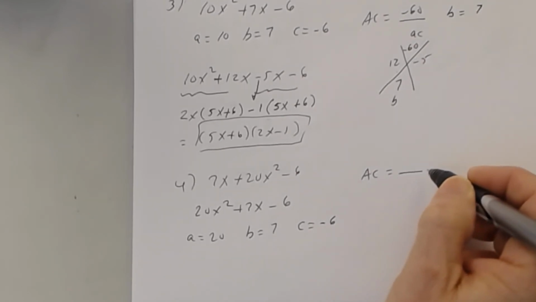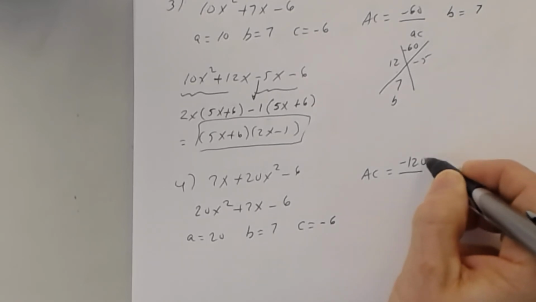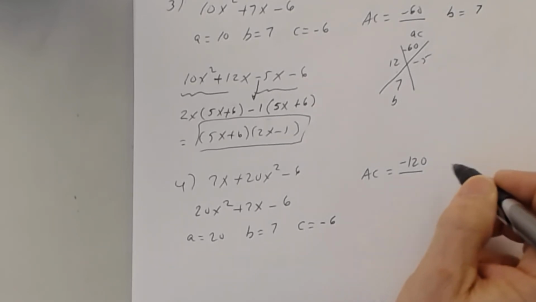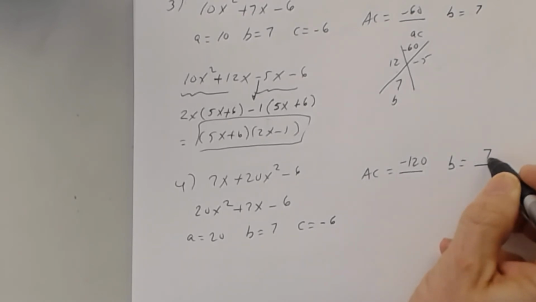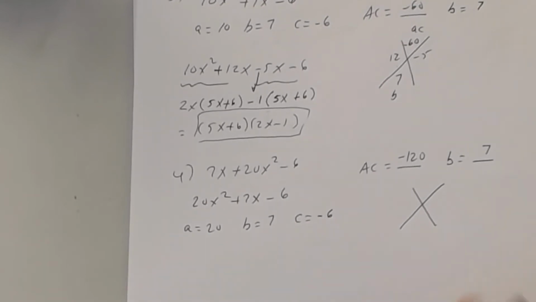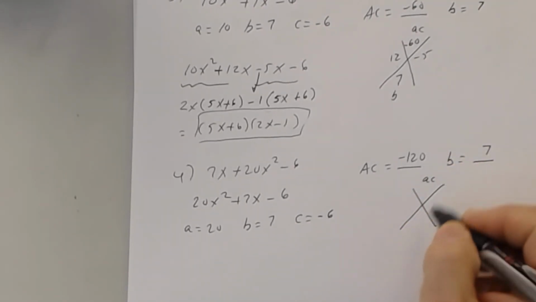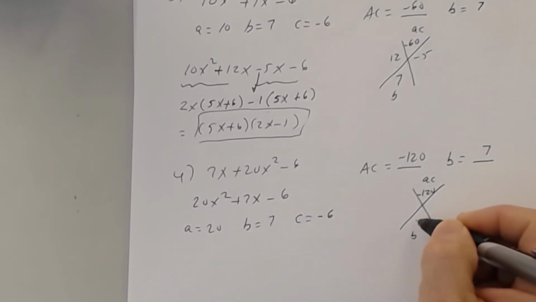Use your calculator if you need to. Negative 120. What is the sum B? 7. All right, let's do the x then. So AC, B. What number goes here? Negative 120. Good. What number goes here? 7.